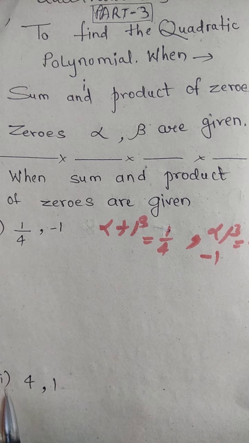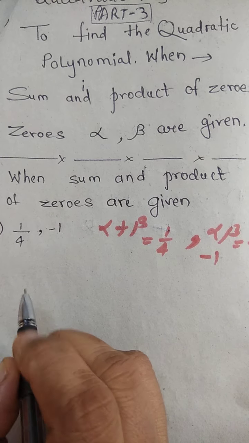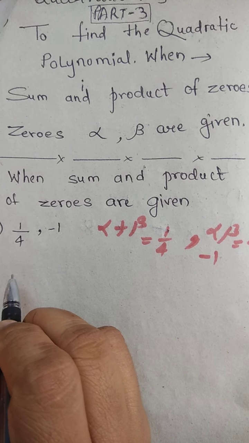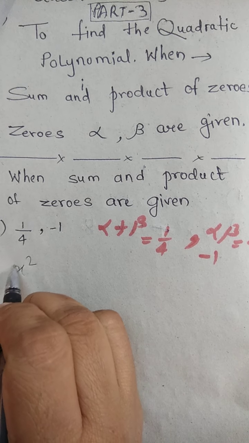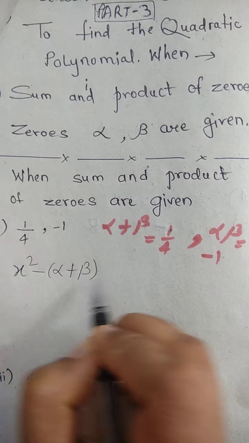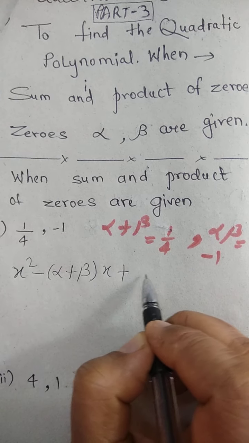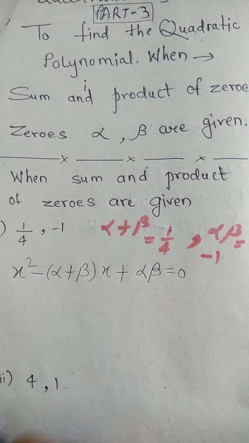So let us write the general form of quadratic equation when sum of zeros and product of zeros is given. First of all, you note down the general form, that is x square minus (alpha plus beta) x plus alpha into beta is equal to 0.